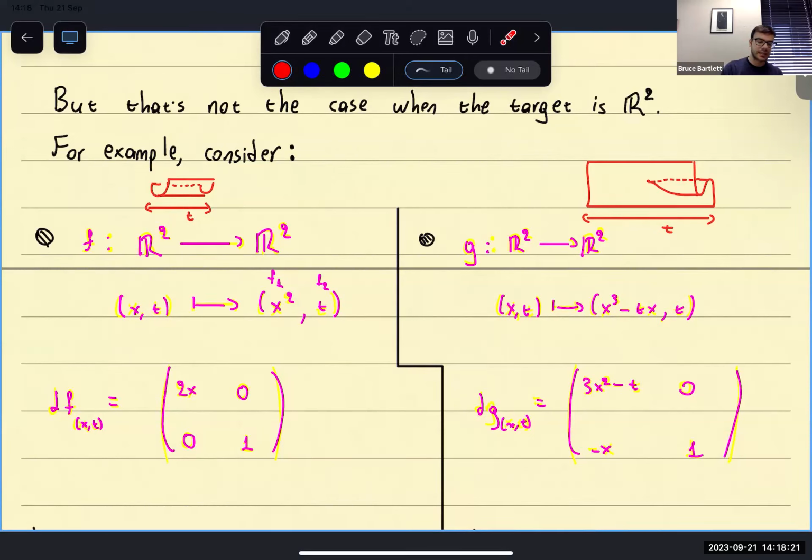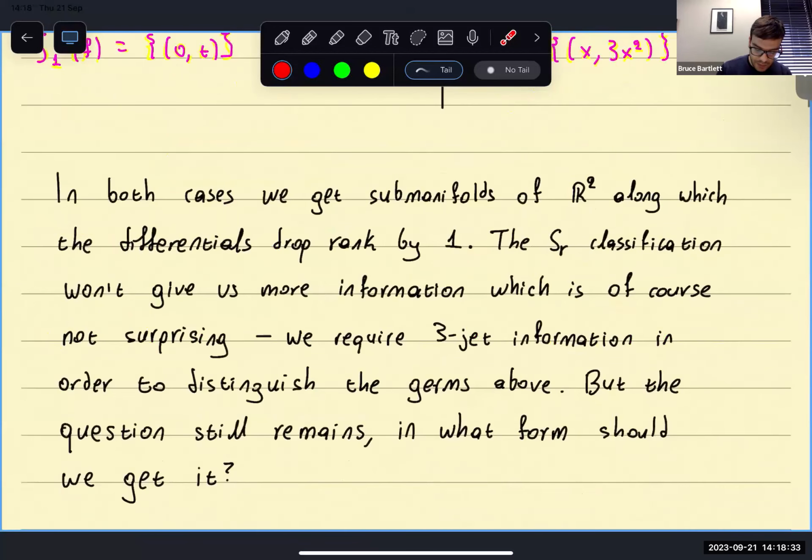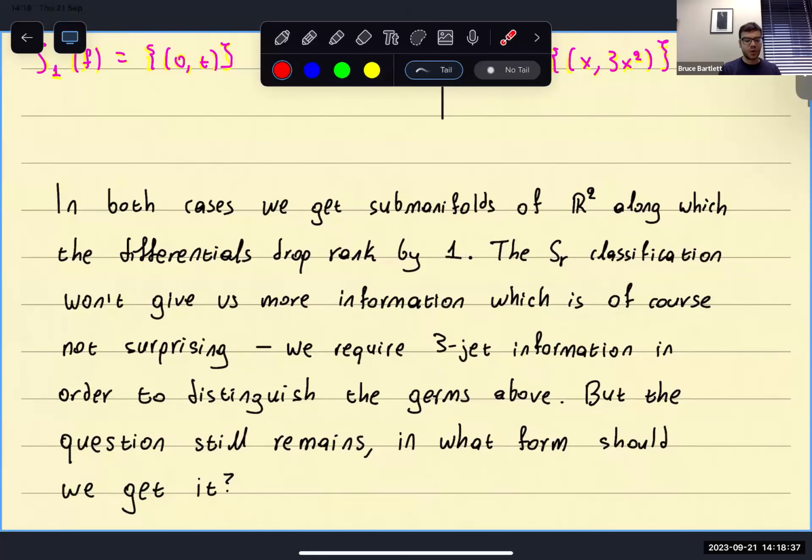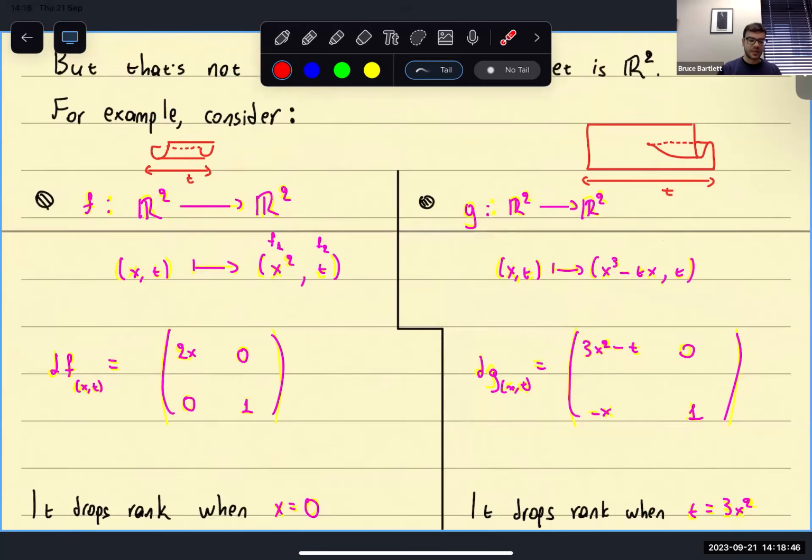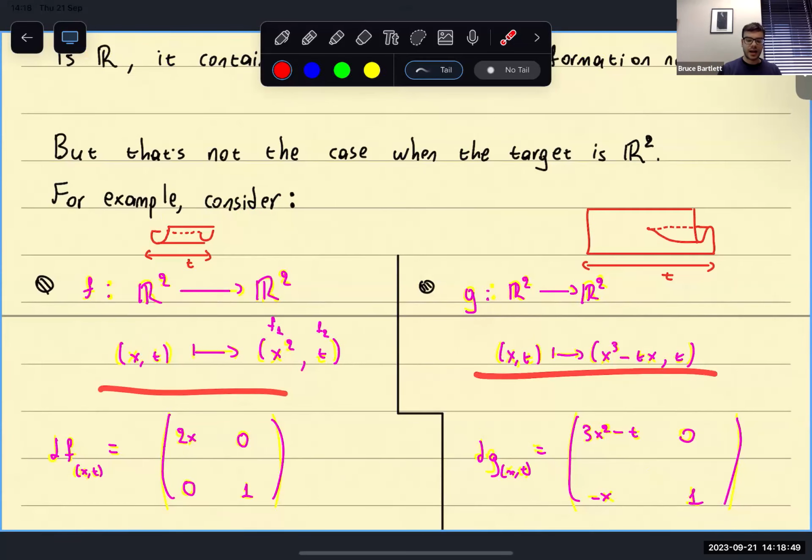That's where you would detect that they are different. But there's still a question of in what form we are going to get to the 3-jet space. What should we ask in order to be able to detect the difference between these two functions?